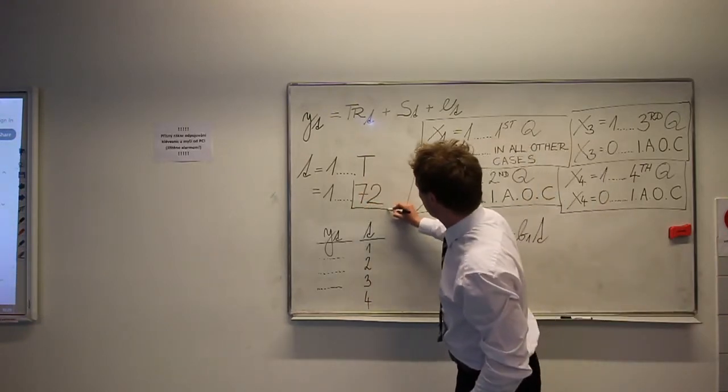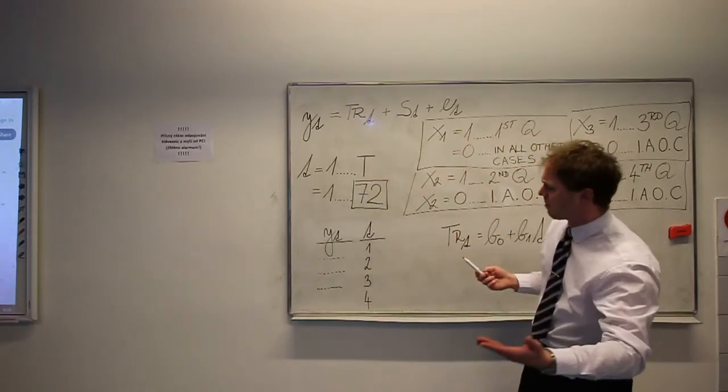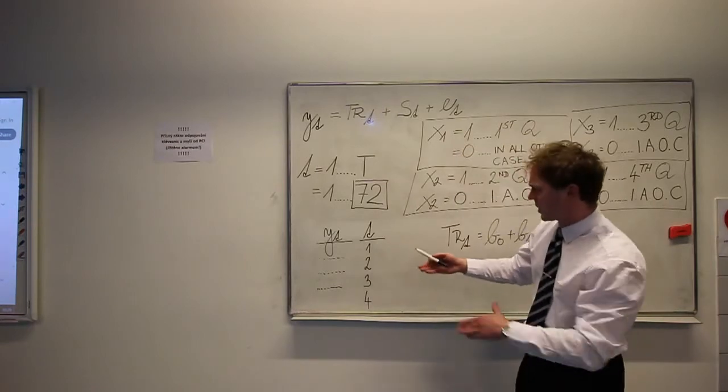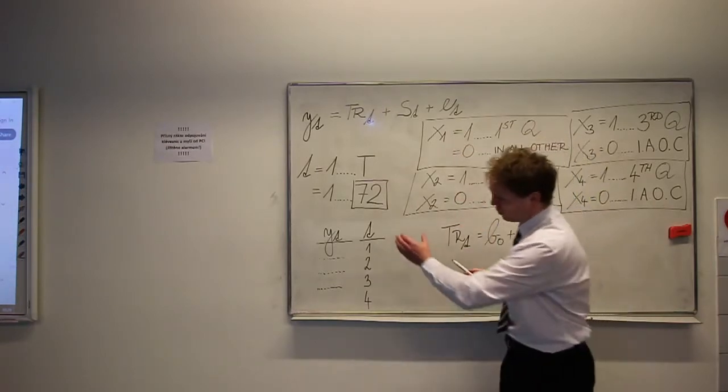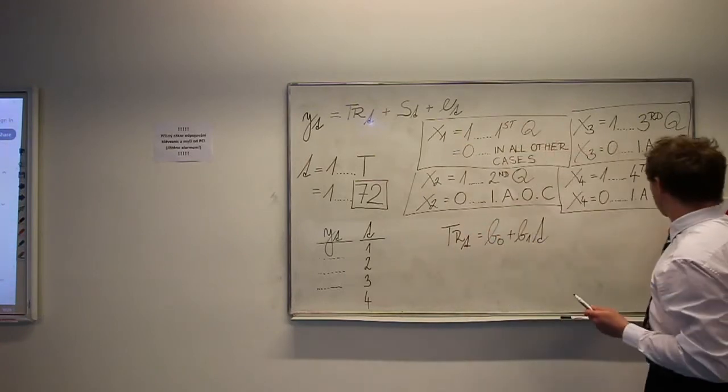The value 72 will be the last value in this time variable, which will be added to the model.